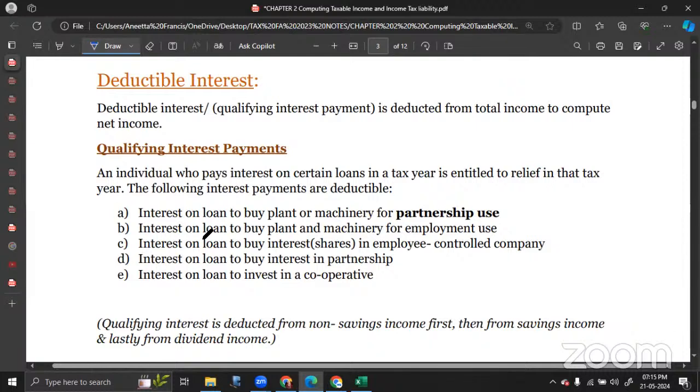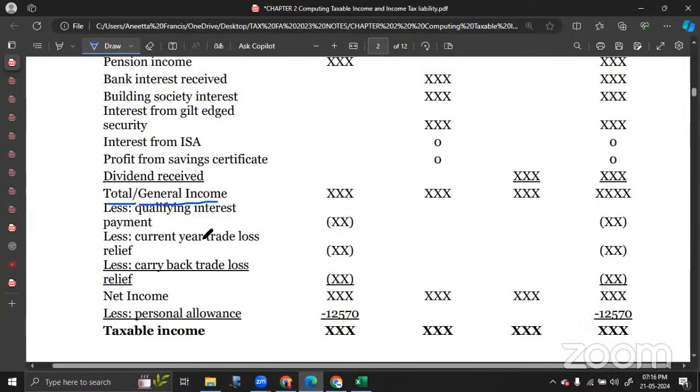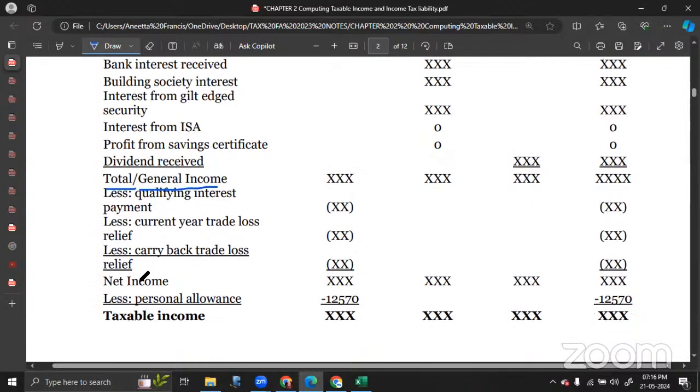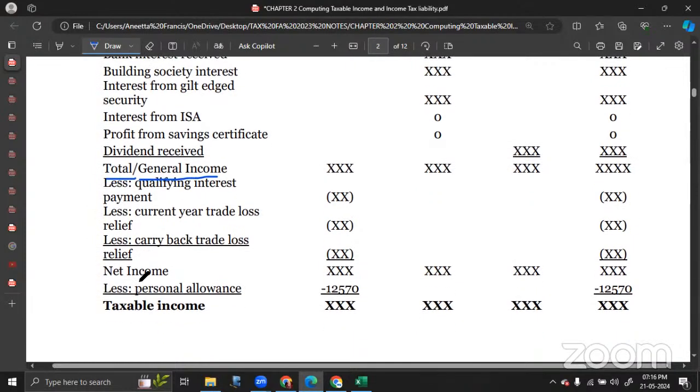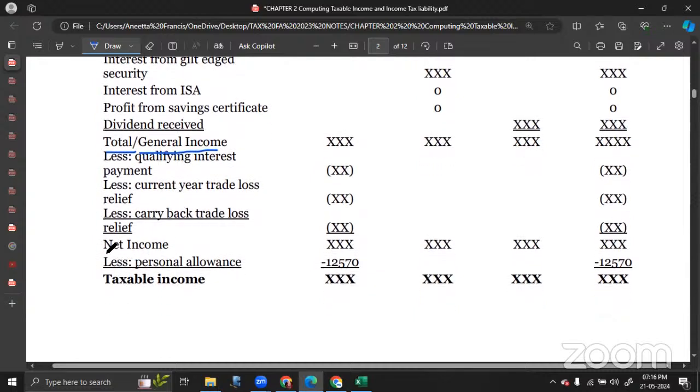For these types of loans, any interest that you pay during the tax year is deductible from your general income. And also you can make your current year trade loss relief and your carryback trade loss relief as well. And finally, you will get your net income.